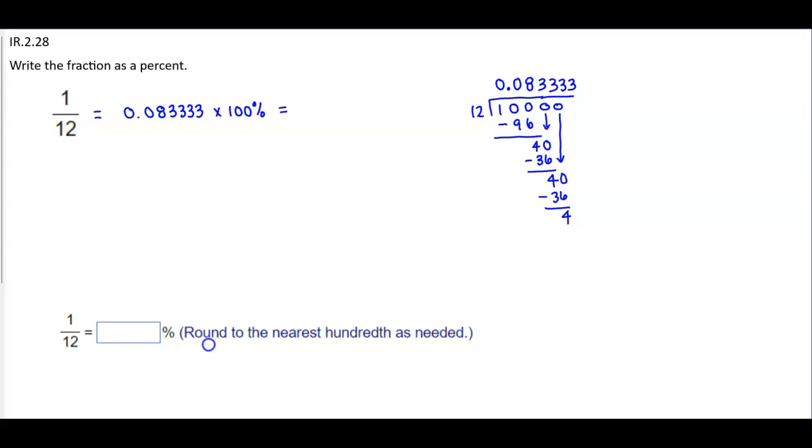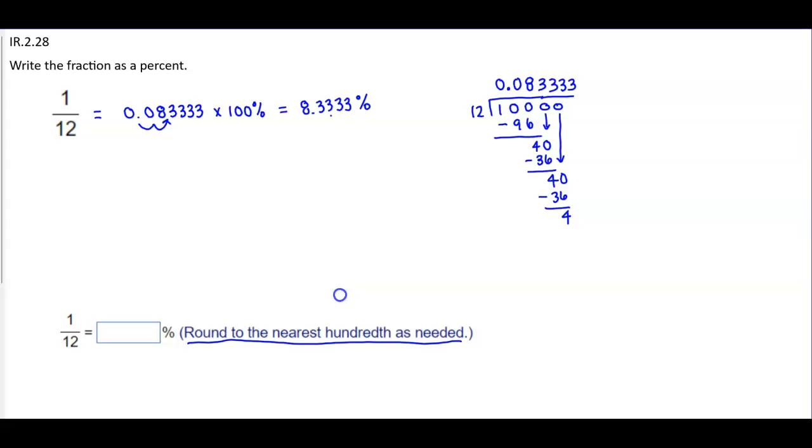That means you move the decimal place twice to the right. So we end up getting 8.3333%.